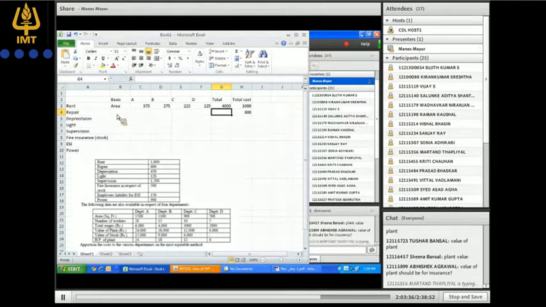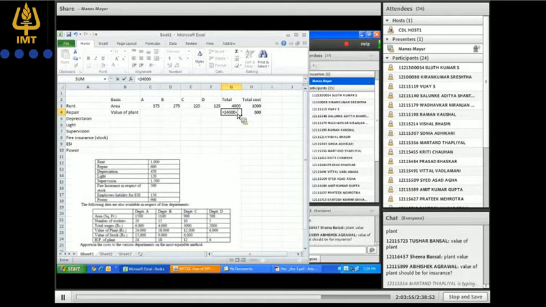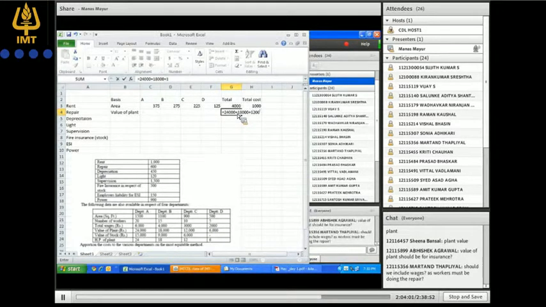Okay, so value of plant. Now again you can calculate it in the same manner. The total value of plant is 24,000 plus 18,000 plus 12,000 plus 6,000.